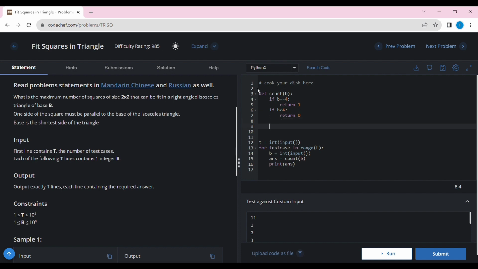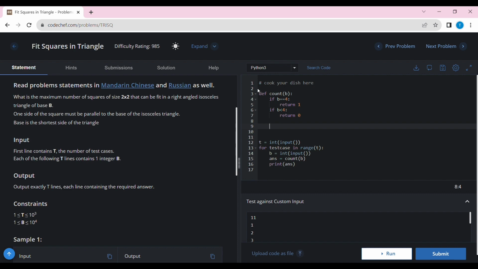Now let's get into the recursive portion of this algorithm. What we discussed is that we need to find the answer for the subproblem ADE, right? And ADE had a base length of b minus 2. It was also a right angle isosceles triangle, but it had the base length of b minus 2.